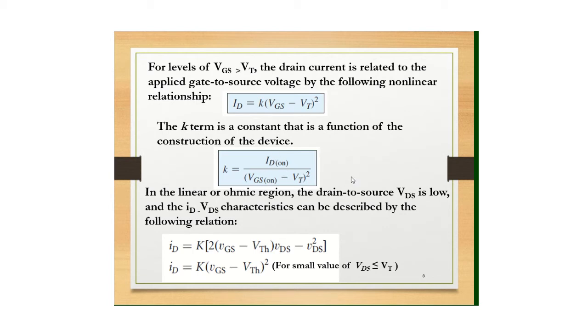All right, where ID on and VGS on are the parameters which we can get from the characteristics of the device. Okay, generally it will be available in the data sheets.